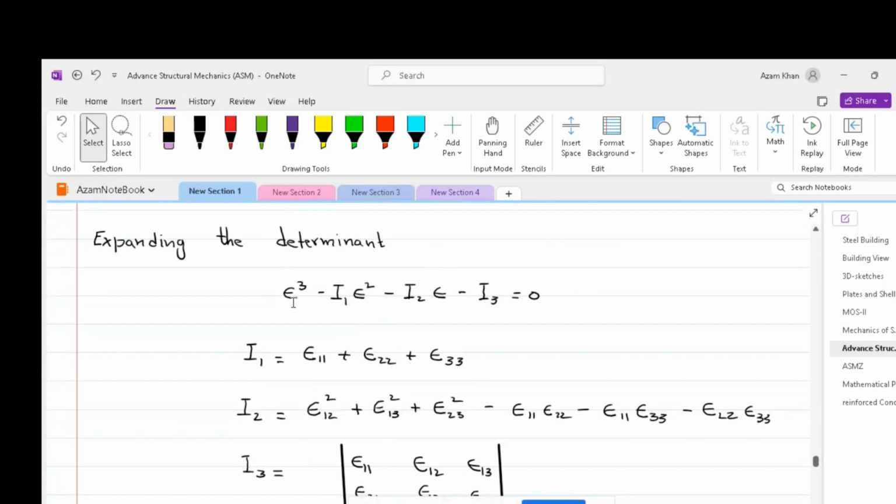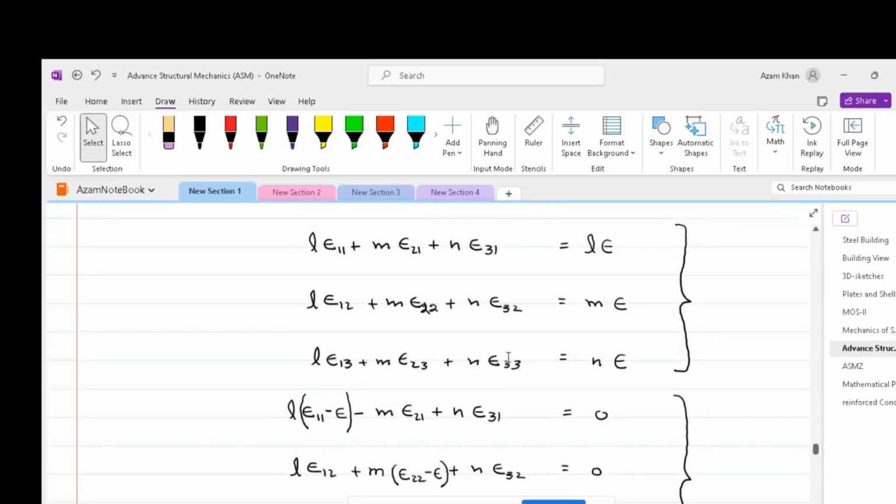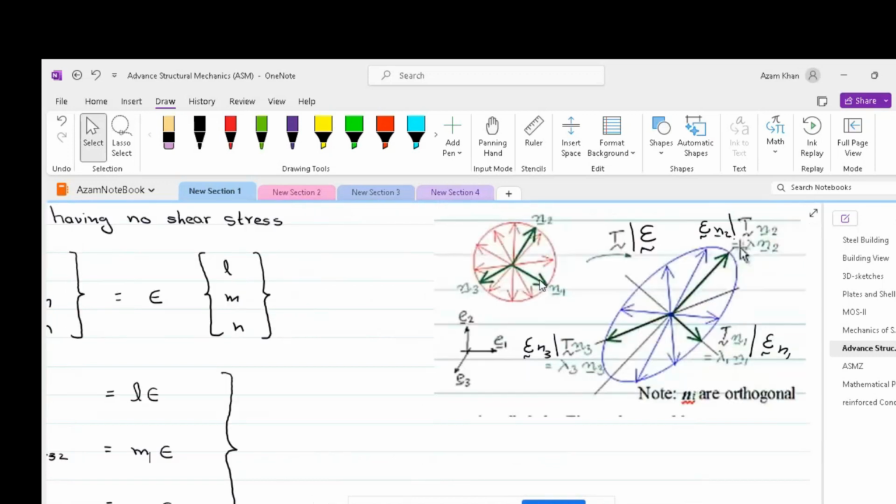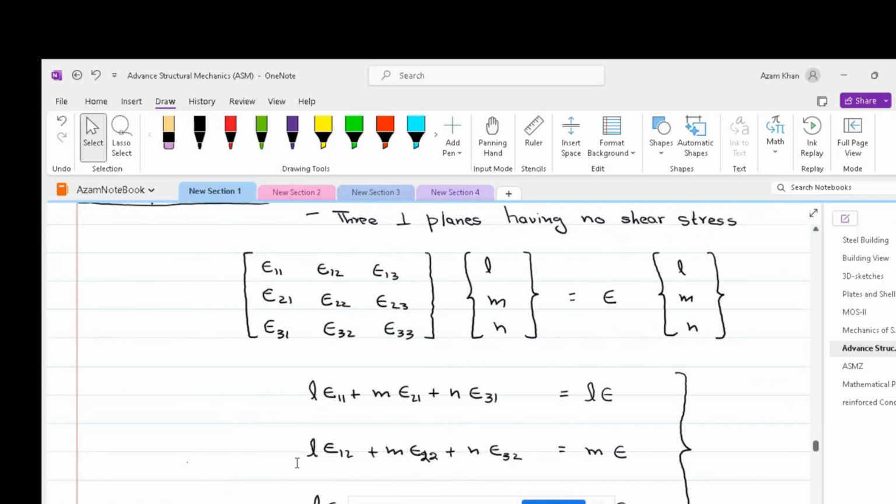The epsilon shown in the characteristic equation is the same scalar which was getting multiplied in our eigenvalue problem. This scalar is called the eigenvalue, and the vectors which are in the principal direction are called eigenvectors.